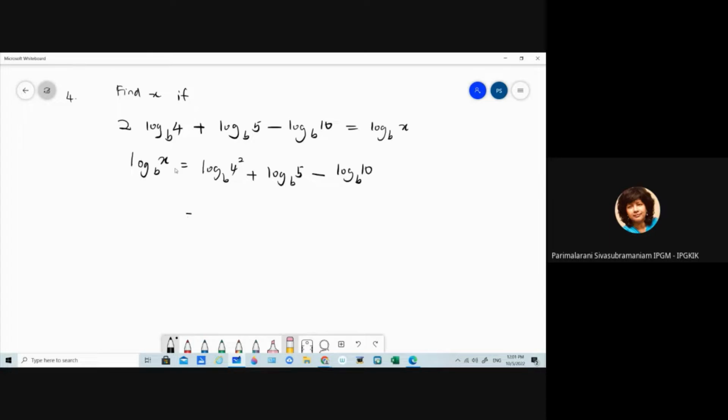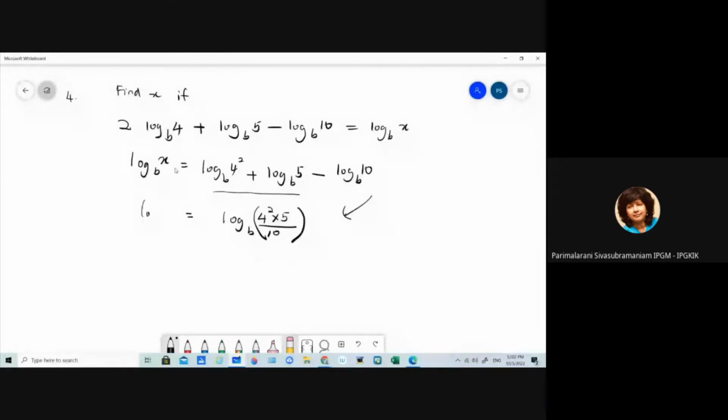So this is log plus log, which becomes log base b of 4 squared times 5, and we have minus log 10, so this is divided by 10. Whatever is on the right, we can simplify using the log rule: plus becomes multiply and minus becomes divide.